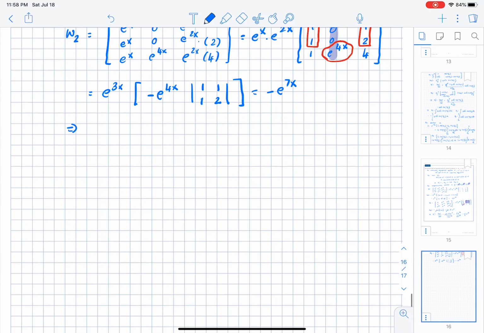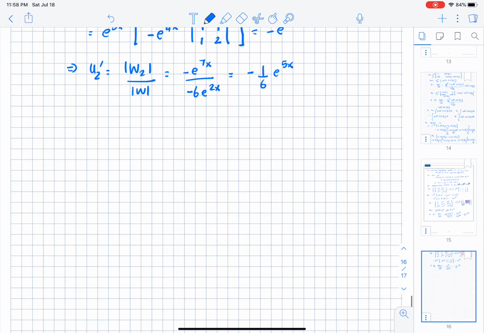So U2 prime is determinant of W2 divided by the determinant of W. That would give us negative 1 over 6 erase 5x.